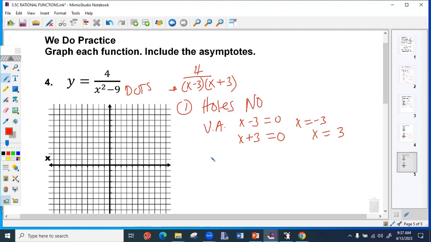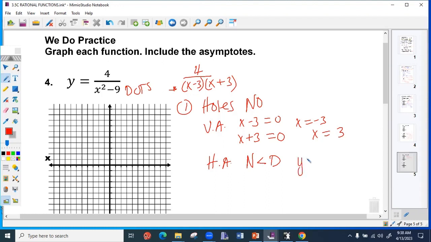Next is our horizontal asymptote. Your horizontal asymptote depends on the degree of your numerator and the degree of your denominator. The degree of our numerator, I'm going to actually use n so that you guys will be happy. The degree of the numerator is less than the degree of the denominator. And what happens when the degree of the numerator is less than the degree of the denominator? It's at 0.